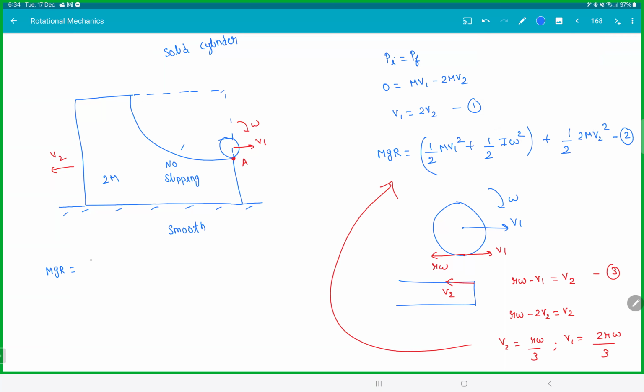So we get mgR is equal to half mV1 square. I'll just change omega only there. mgR is half mV1 square plus, for the solid cylinder, mR square by 2 omega square, plus mV2 square. V2 is how much? V1 by 2. So this is mgR, and R omega is 3V1 by 2.